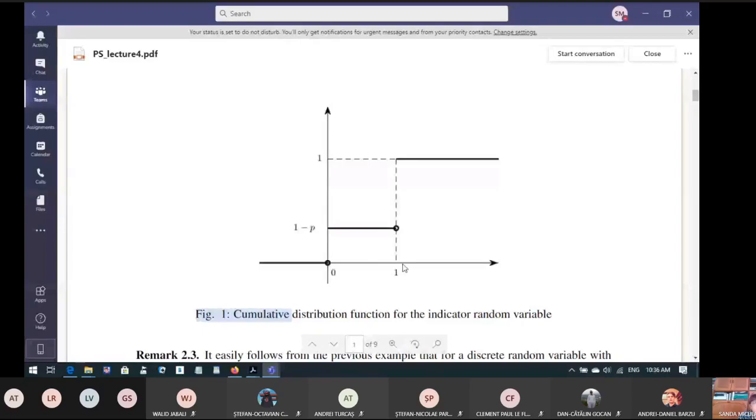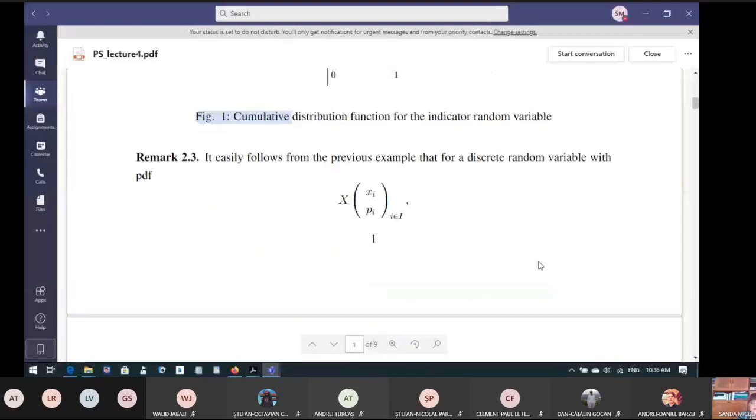So these jump discontinuities always occur at the values that the random variable takes, which we can always see like this because it's discrete. In the end, it gets to the constant value 1, all the way to infinity. So it always looks like this. It's never continuous. It has these discontinuities at the values that the random variable takes, and at each such value, the value of the CDF is the one coming from the right, not from the left.